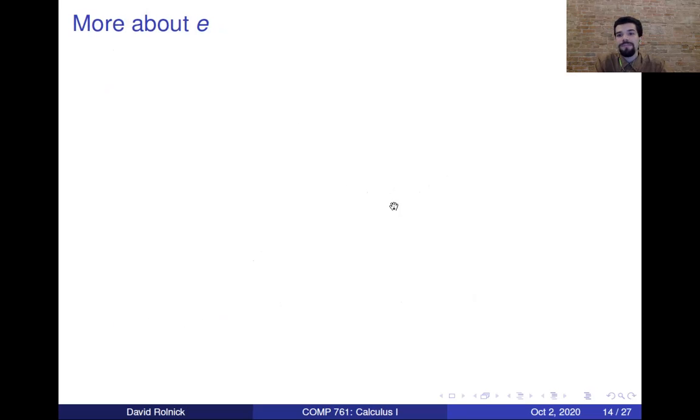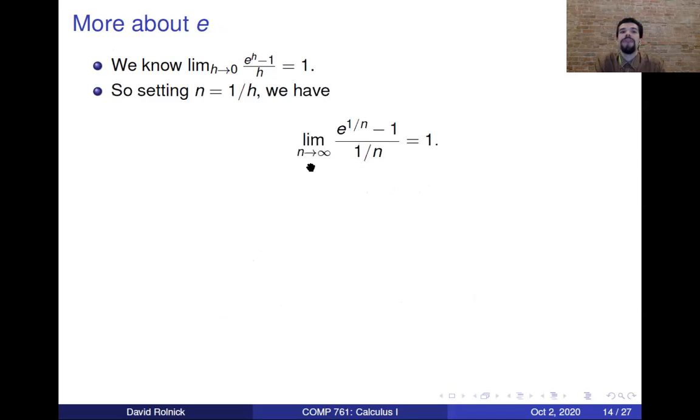So more about e. You might have seen another definition, so let's quickly derive that. So we know that this equals 1. That means if we were to set n equal to 1 over h, we can write this as another kind of limit. Remember we can just change limits around.